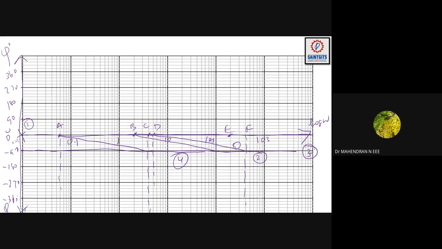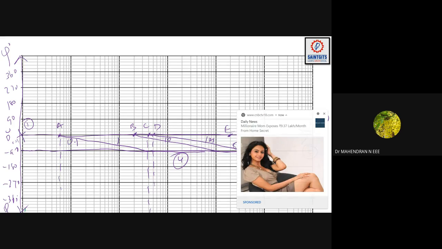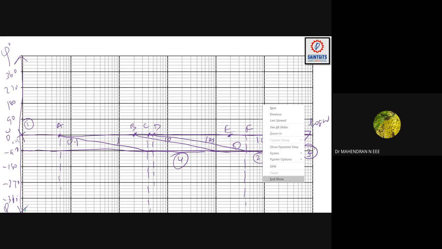So up to A, it will be 90 degree. Up to A it is 90 degree.